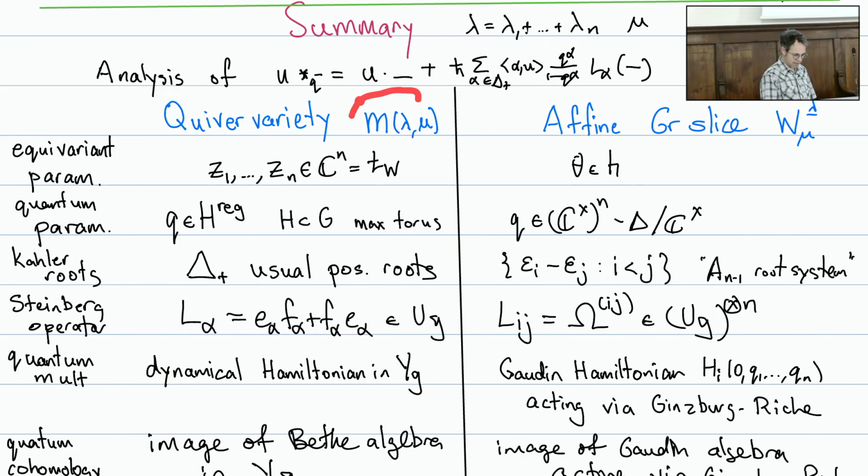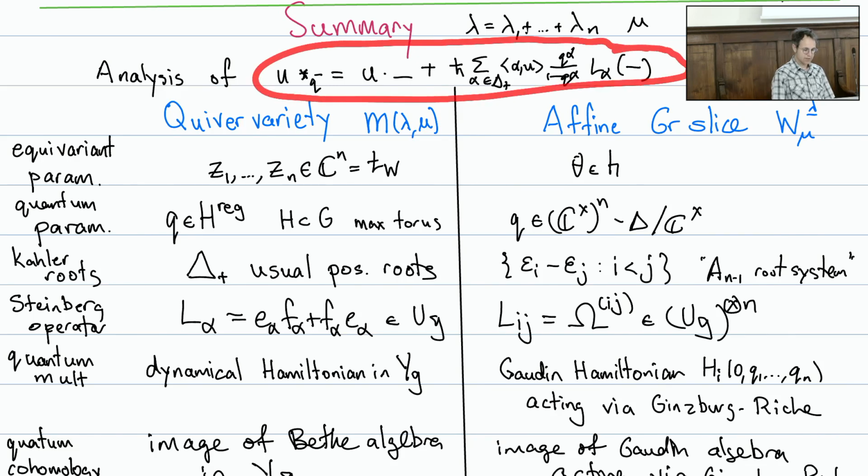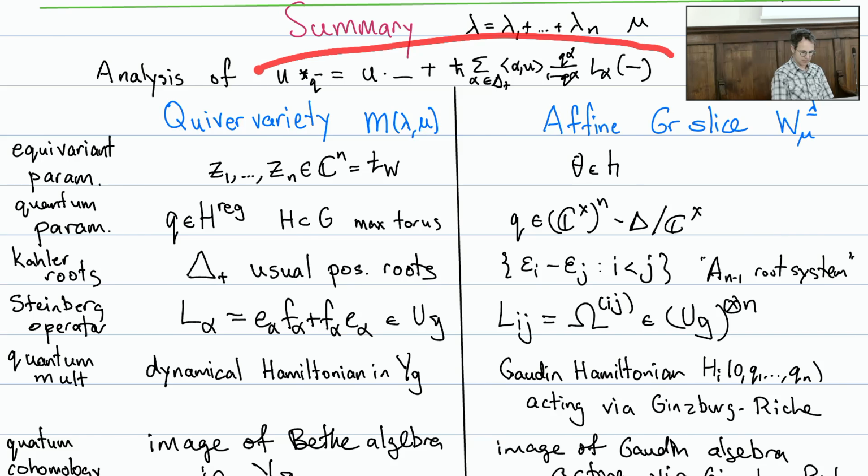Then we have 2 varieties, 2 symplectic resolutions, the Kleinian variety and the resolved affine Grassmannian slice. We wanted to study how the quantum multiplication by divisors works in these 2 varieties. So we have this basic Okunkov formula for quantum multiplication by divisors, which is controlled by 2 things: one is delta plus, and one is this L alpha.